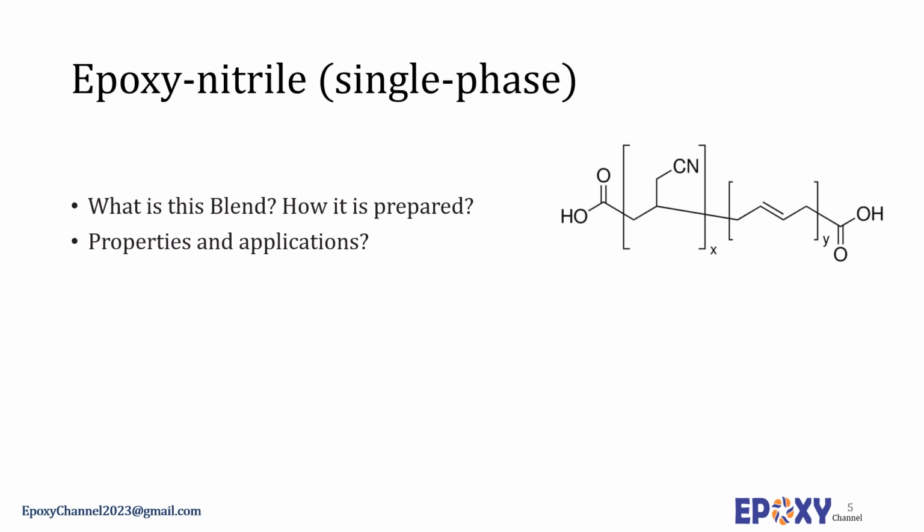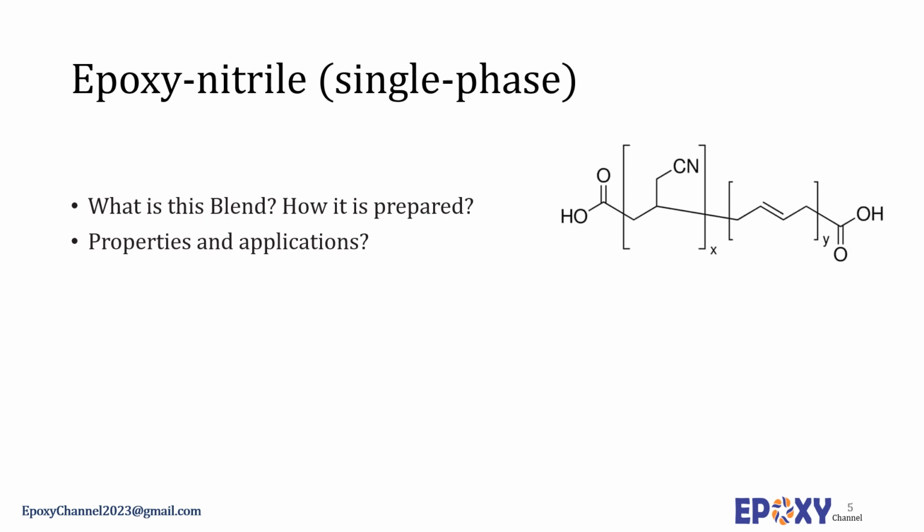Epoxy nitriles are single-phase alloys of acrylonitrile butadiene nitrile resins and epoxy resins. Since the nitrile rubber usually contains no groups that normally react with the epoxy groups, carboxyl-terminated butadiene acrylonitrile liquid rubber, or CTBN, has been widely used to toughen epoxy resins.